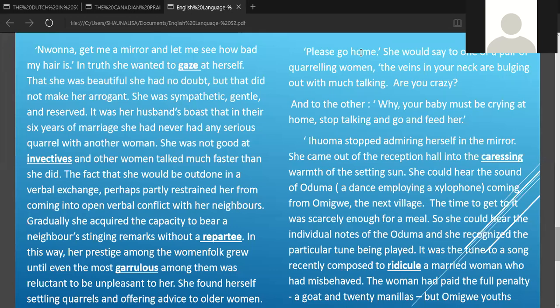Ihuoma stopped admiring herself in the mirror. She came out of the reception hall into the caressing warmth of the setting sun. She could hear the sound of Oduma, a dance employing a xylophone, coming from Omigwe, the next village. The time to get to it was scarcely enough for a meal.